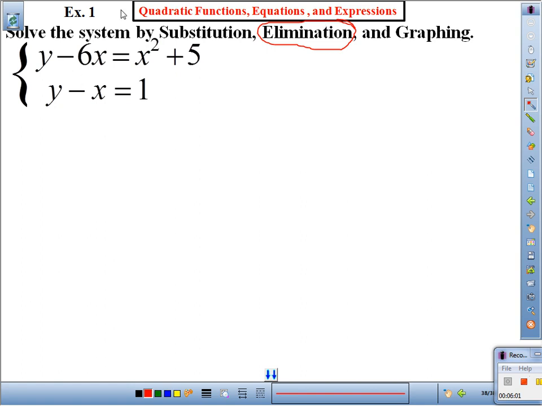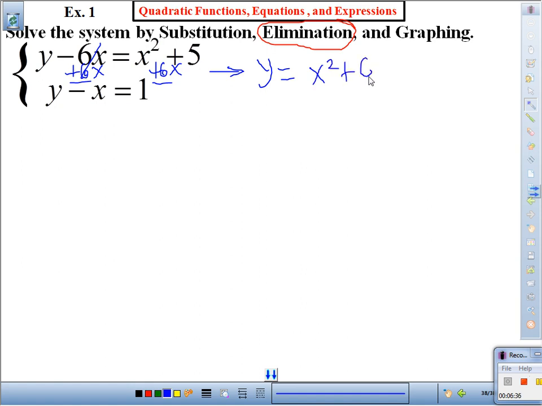So right now they look all scrambled up, so I'm going to solve each one for y and set it to y. So this one, in order to leave y by itself, what do I do? Add 6x. So my new equation is y equals x squared plus 6x plus 5. Look at the second one. Is this already in y form?